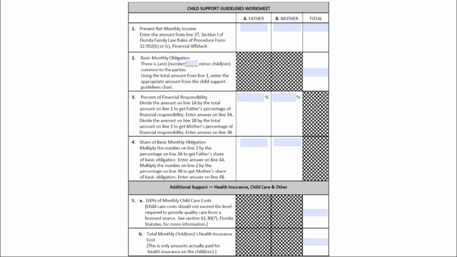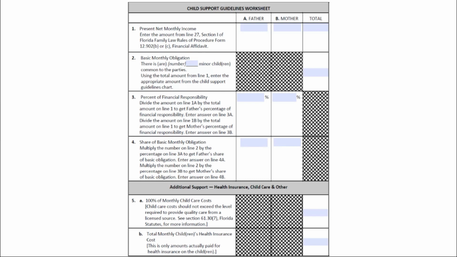The two numbers in line 4A and 4B should add up to the amount stated in line 2. If it does not, you may have miscalculated, and it will be difficult for the court to determine the correct amount of child support.